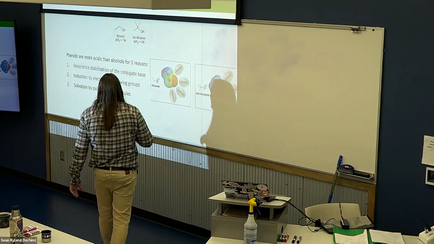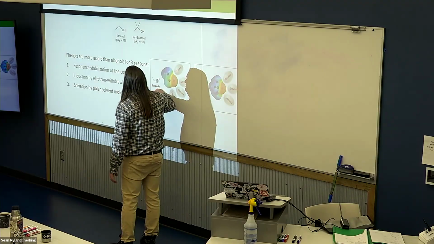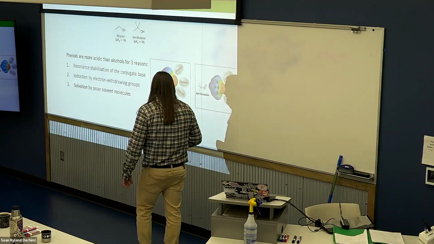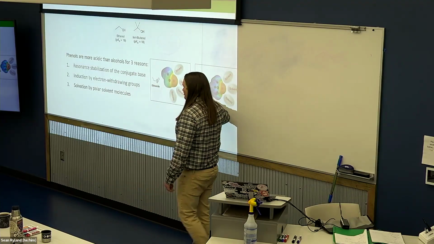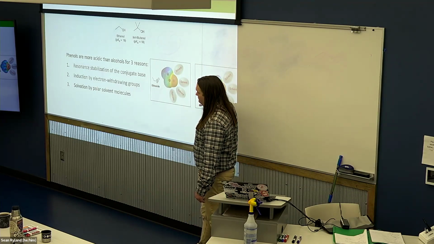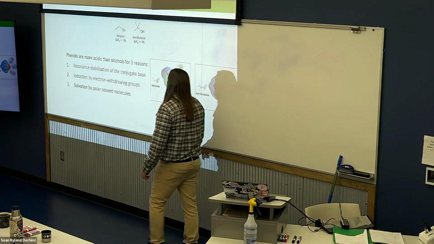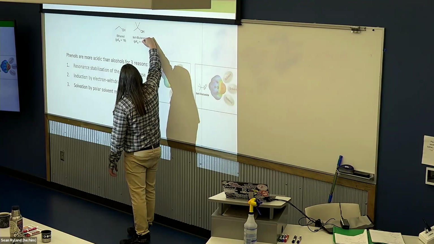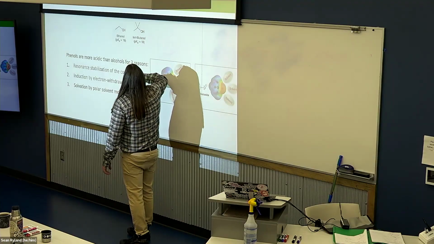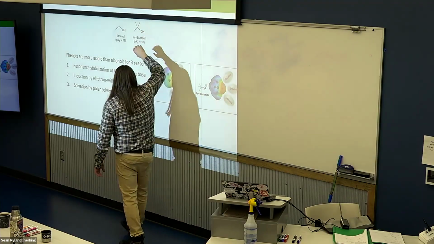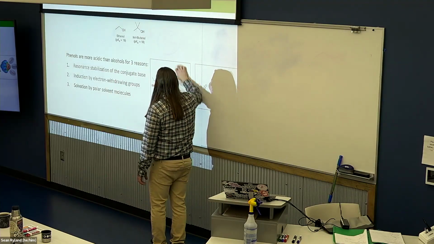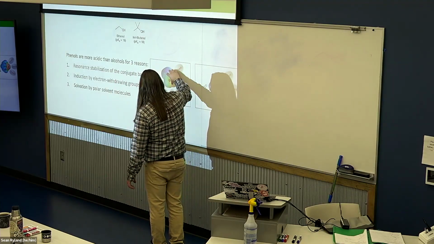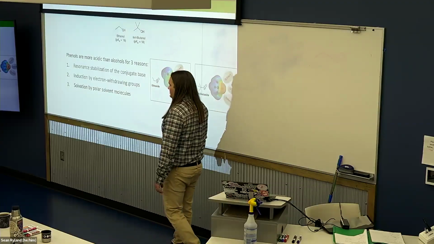So ethoxide is more acidic than t-butoxide. Or sorry, ethanol is more acidic than t-butanol because of the sterics. With ethoxide, you can get a whole bunch of solvent molecules around it to sort of stabilize that negative charge.